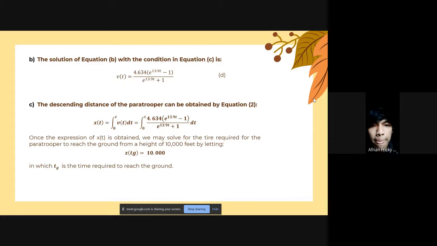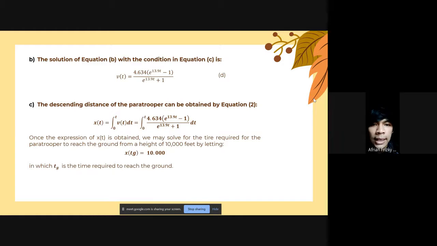And then for point B, the solution of the previous equation with the condition in equation C gives V(t) equals 4.634 times (exponential of 13.90 t minus 1) divided by (exponential of 13.90 t plus 1).